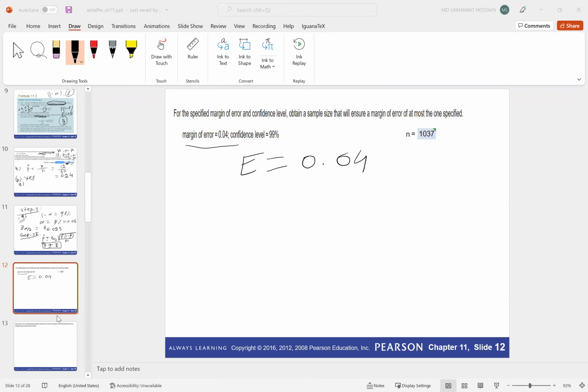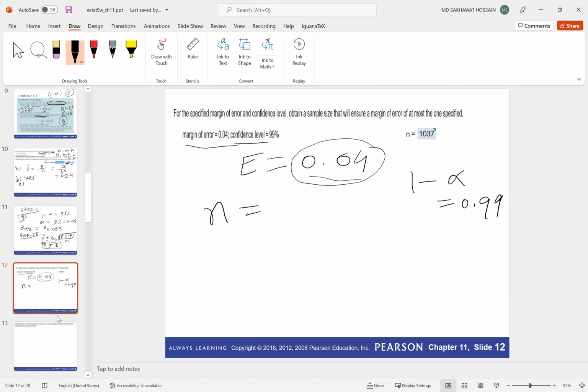To obtain this maximum margin of error 0.04, what should be the sample size? So you need to find n. Here the confidence level is 99%, so 1 minus alpha is 0.99. So alpha will be then 0.01.